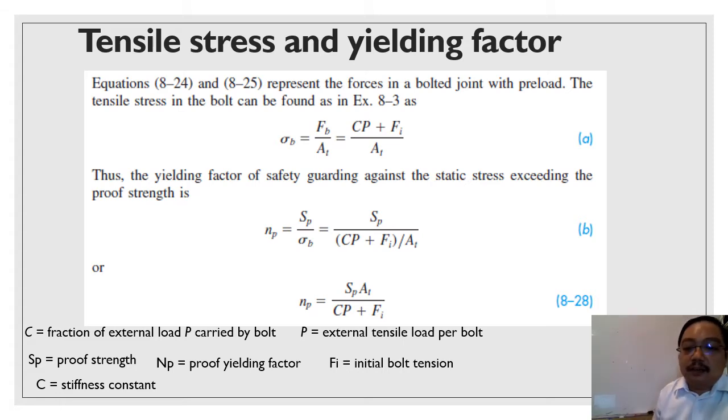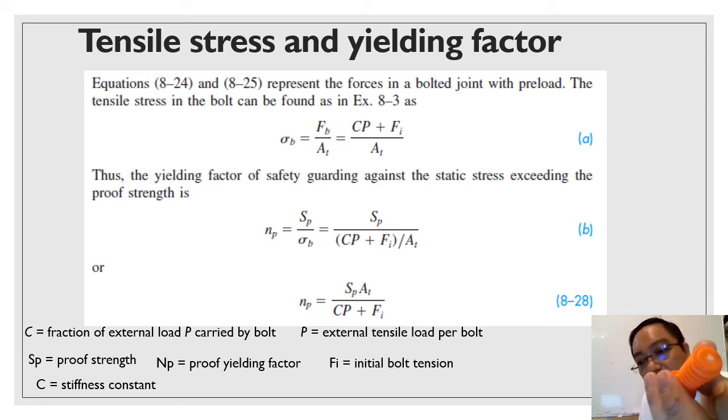For example, if I knock this whiteboard with my hand, the force from my hand is P. This is the external load given to the bolt behind this whiteboard. So this is the external load. And A_t is the area of the thread.